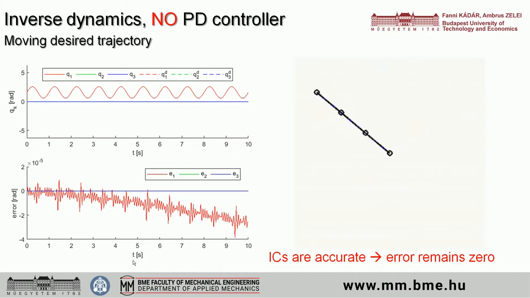So here only the inverse dynamics part of the controller works, and there is no feedback. But the error remains zero if the initial conditions are accurate. We mean that the initial position and velocity of the system is according to the desired motion.